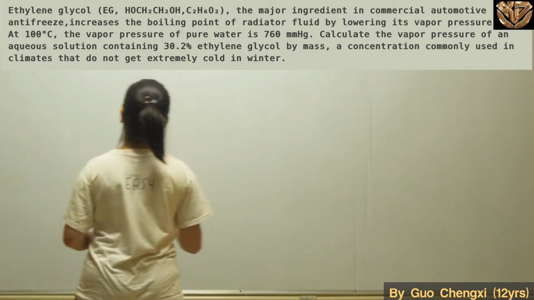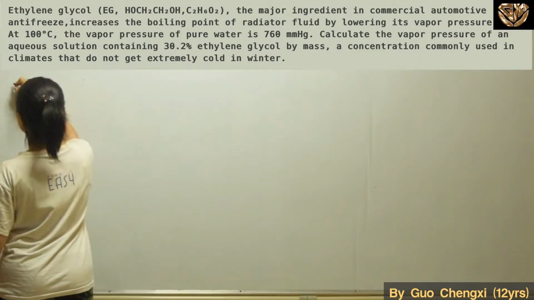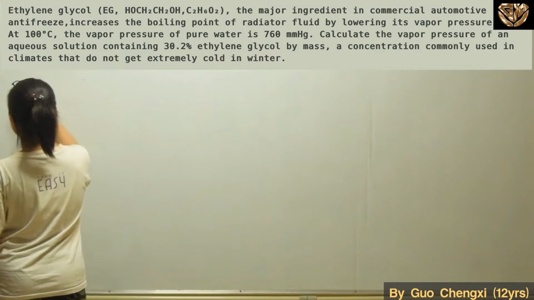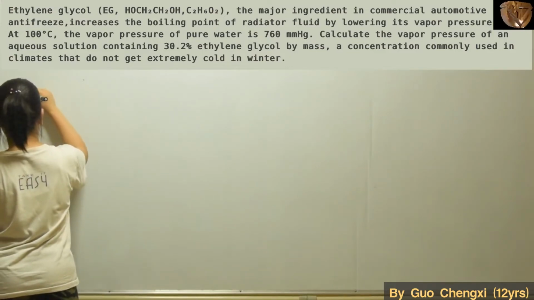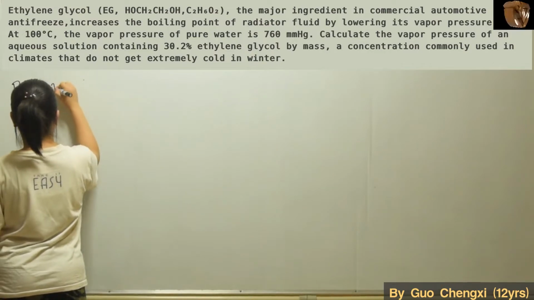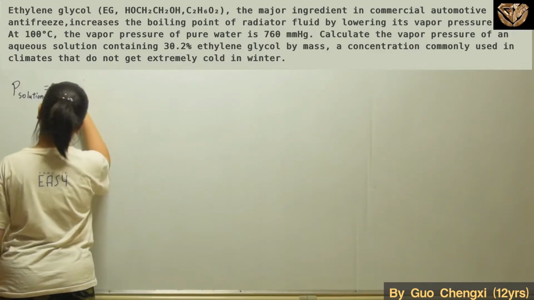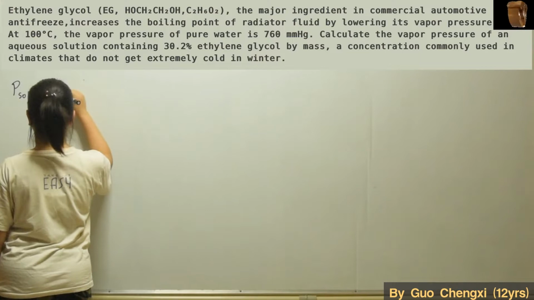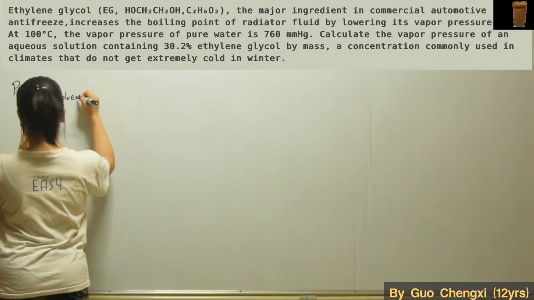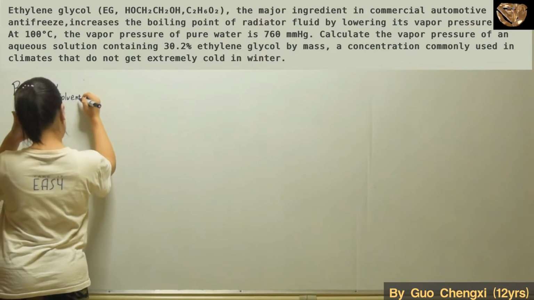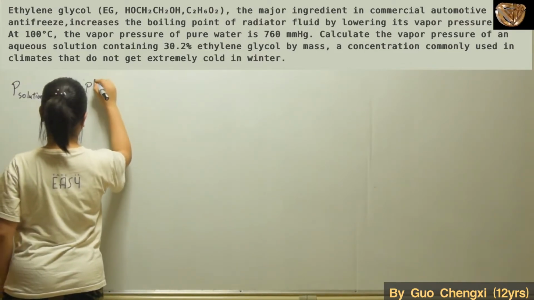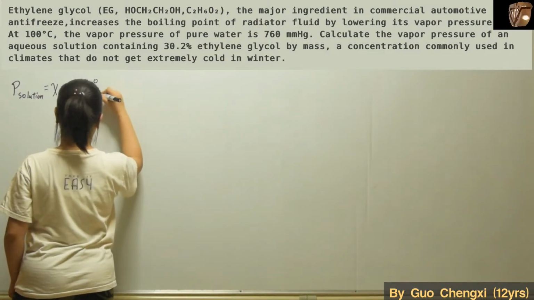So the formula is: the pressure of the solvent vapor in the solution is equal to chi solvent. No matter how much it looks like X, it is still chi. Then it will be times the pressure of the pure solvent vapor.